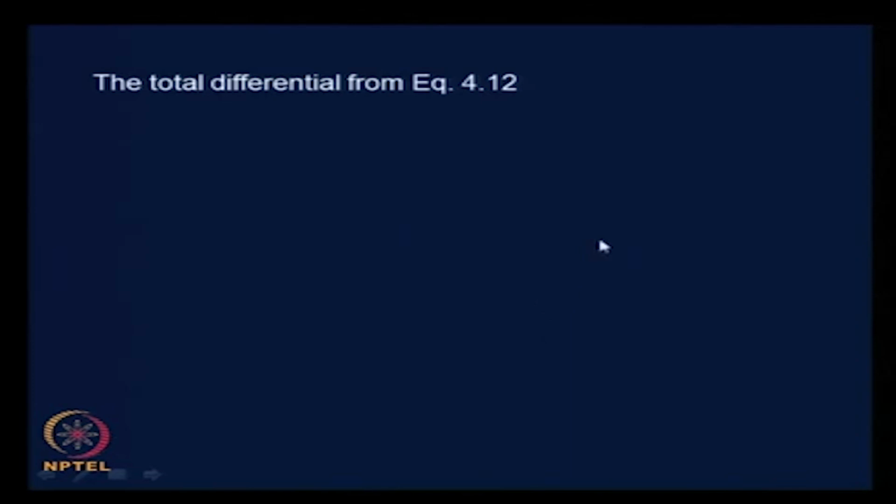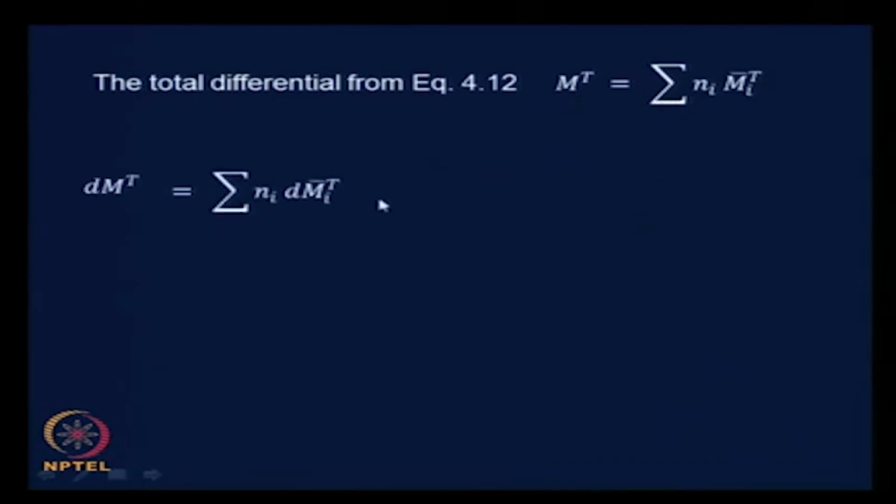The total differential from equation 412, which is this, Mt equals summation of Ni times the partial molar property of i. You take the product of each and sum them over, that will be equal to the total extensive property value. This is equation 412. If we differentiate this, we get the total differential dMt equals summation of Ni times d of the partial molar property of i plus the partial molar property times dNi.